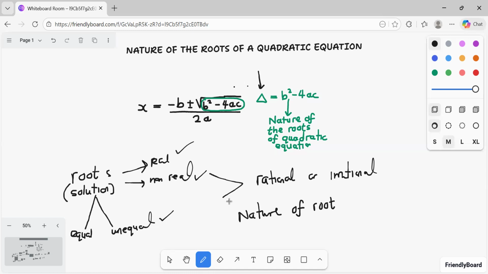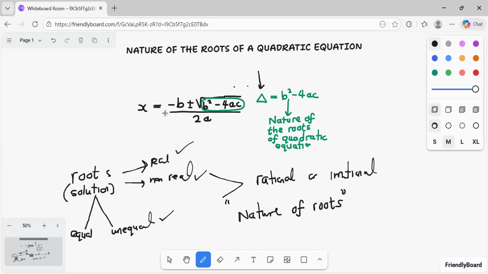So for me to be able to find the nature of these roots, whether they are real or non-real, equal or unequal, rational or irrational, I apply these two formulas that I wrote on the board. The first one is the quadratic formula, and the other one is the delta.